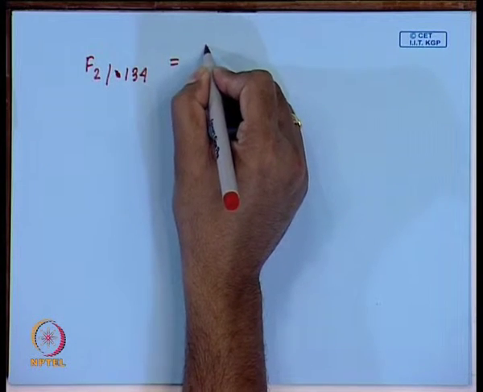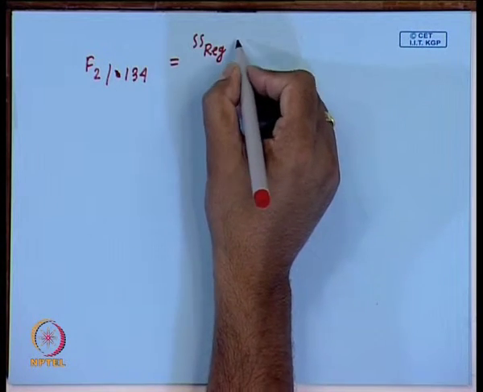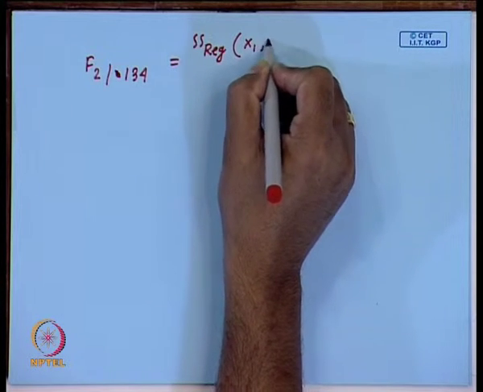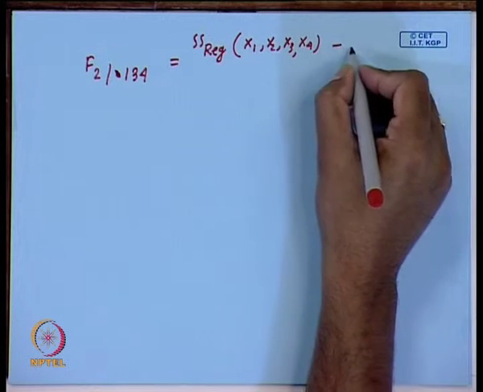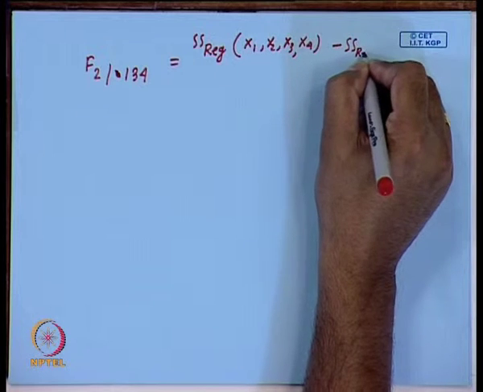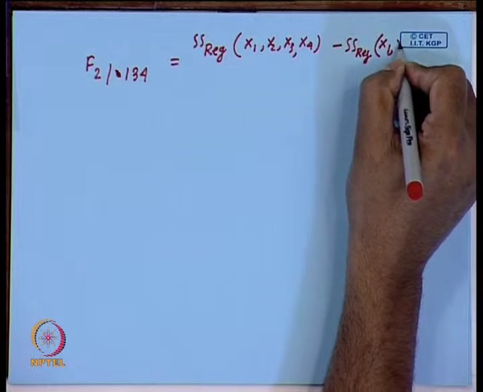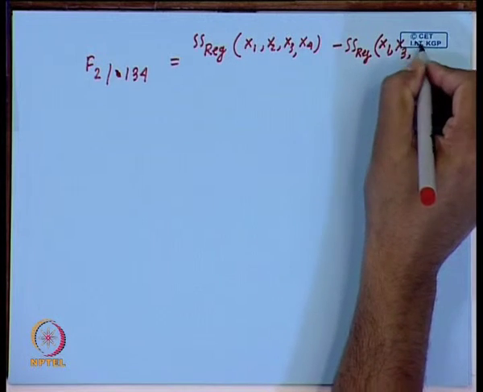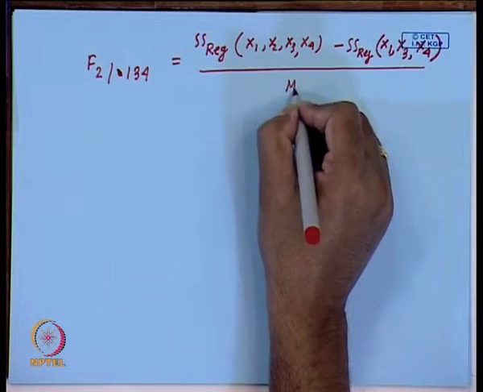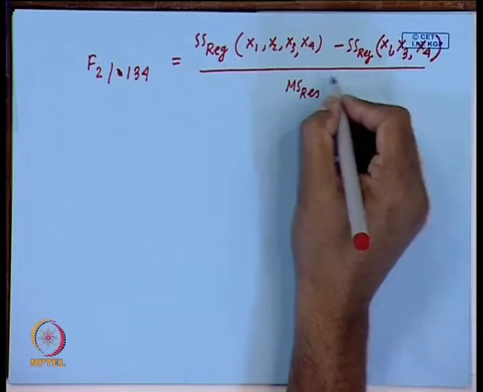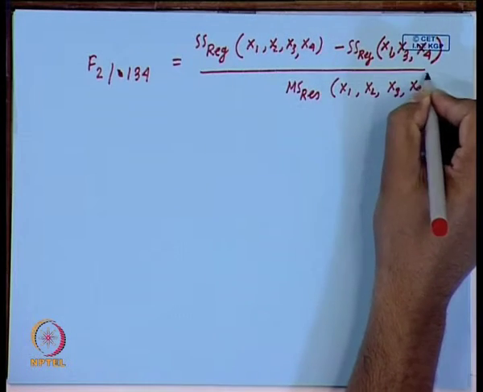So, this is SS regression for the full model, that means x1, x2, x3, x4 minus SS regression for the model involving x1, x3 and x4, right, divided by MS residual for the full model, that means x1, x2, x3, x4.